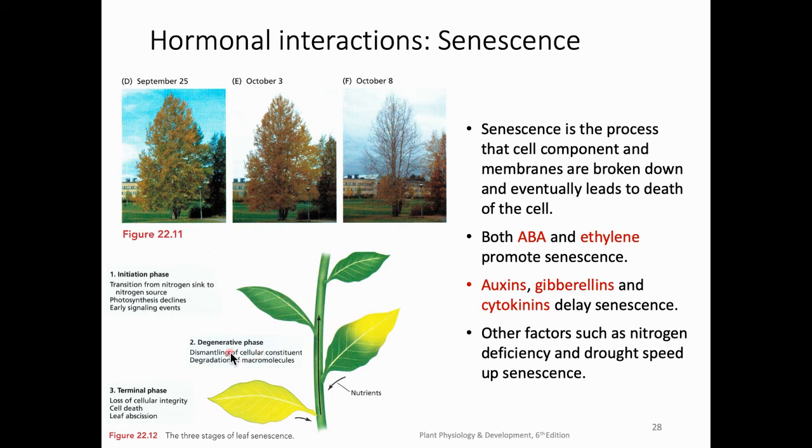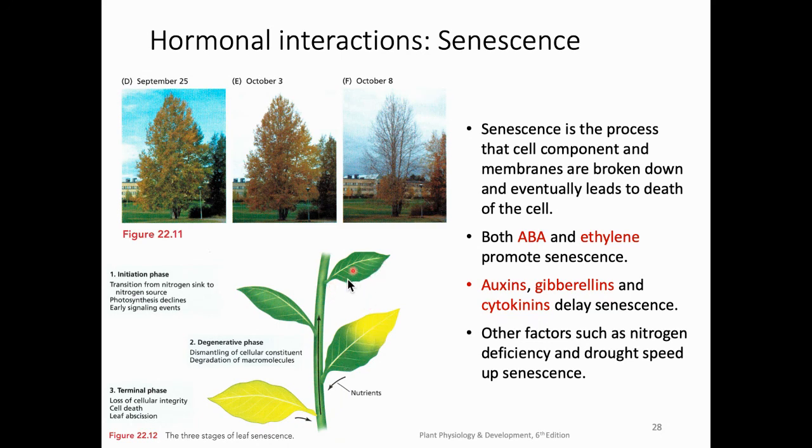Then the degenerative phase means the cellular constituents start to degrade. All the macromolecules like protein, fiber, carbohydrate, DNA, RNA start to degrade. And finally, the terminal phase: loss of cellular integrity, cell death, and leaf falling.